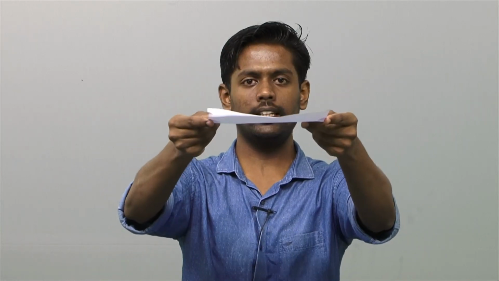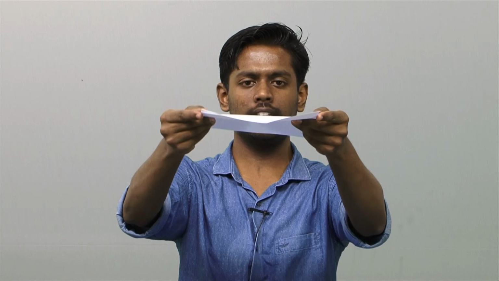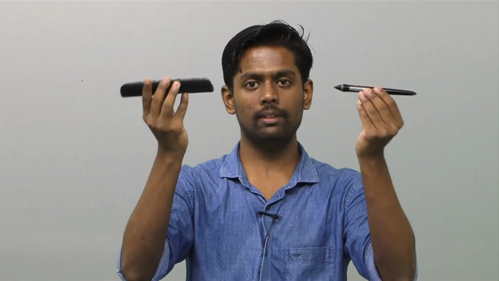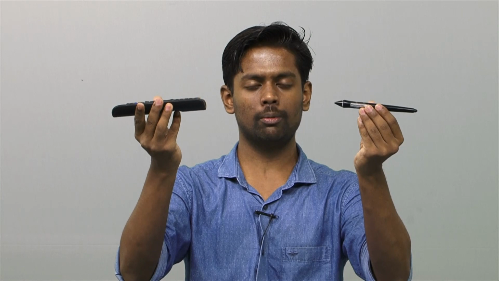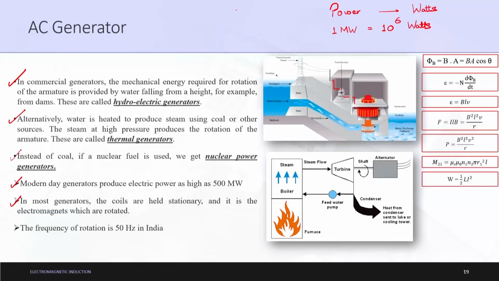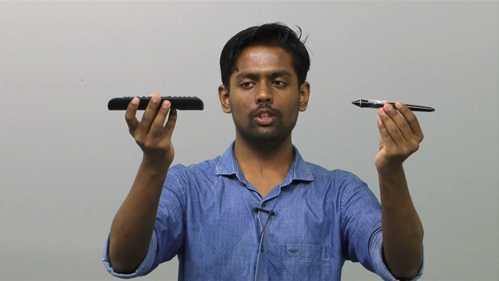Now, what does this last second point say? In the generators, what they do is, let us say the area is kept intact, the effective area is always like this, there is no change in this. Let us understand using two bar magnets. Bar magnets cannot sustain such high voltages, so let us say these are two electromagnets.